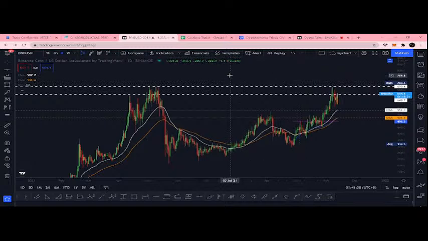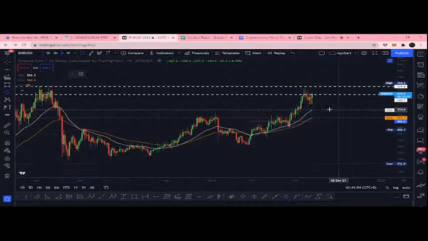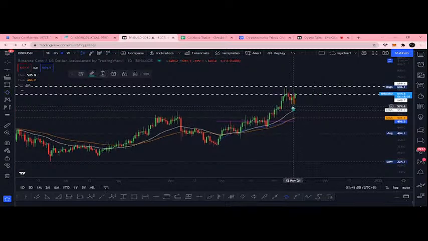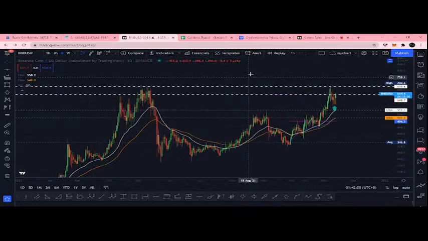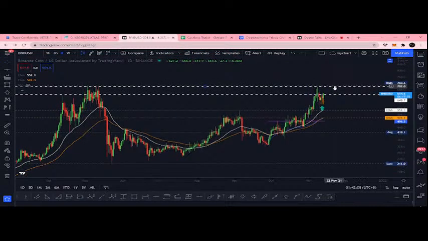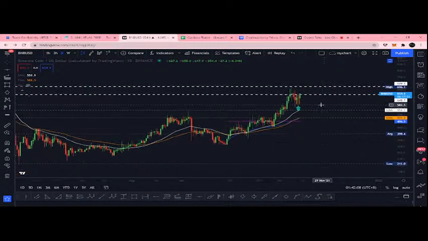It's almost at the previous all-time high. This one is a doji, and I might be expecting possible tops here.